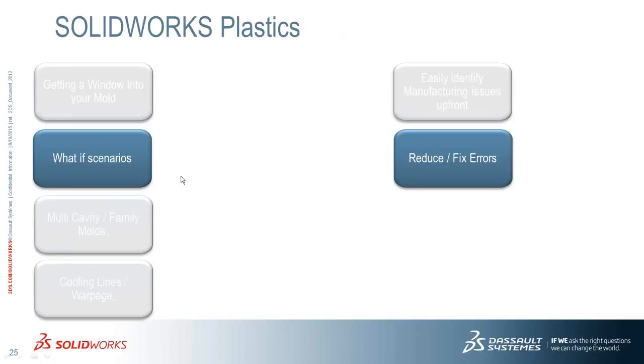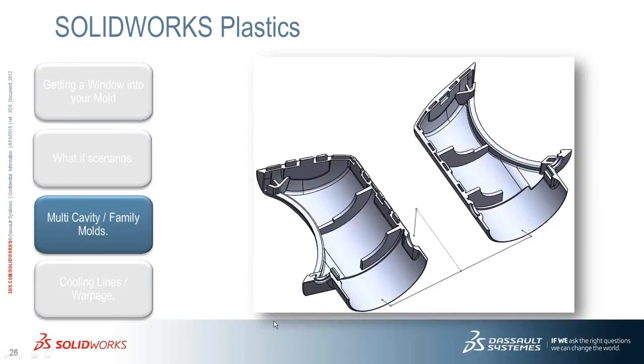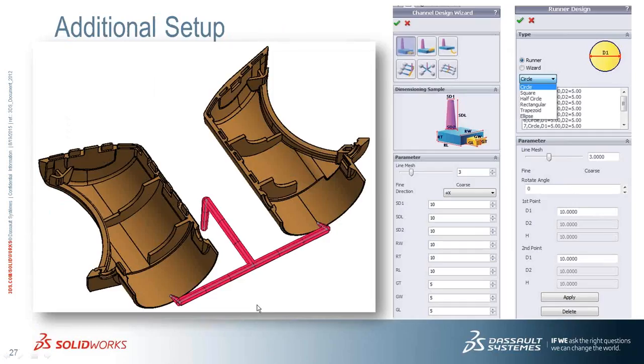With that said, the ability to evaluate multiple what-if scenarios helps the user to reduce or fix the errors up front. And talking about multiple cavity or family molds, the user can actually model different types of runners and sprues, depending on the type of geometry that's being used to model these runners.